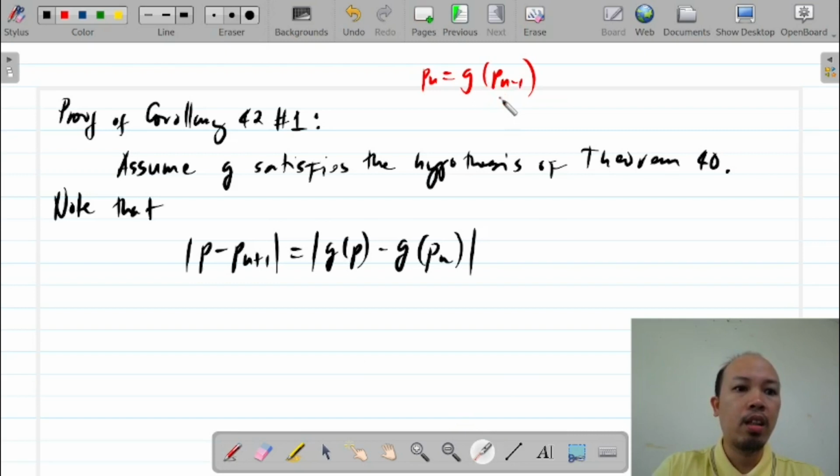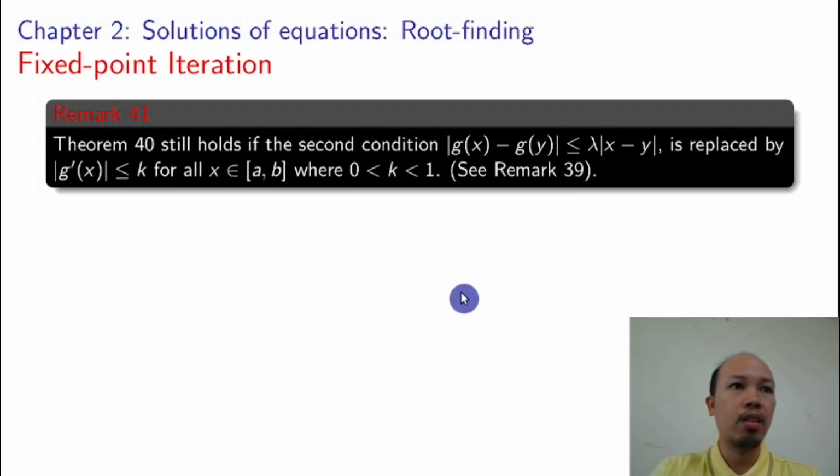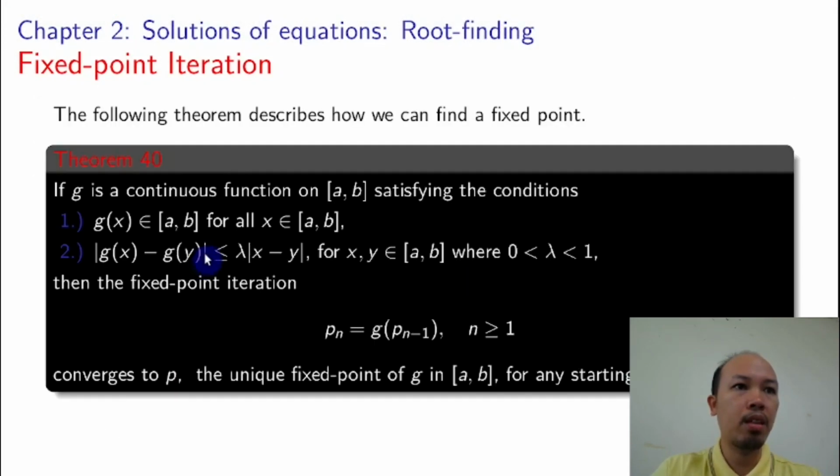Okay, and notice that this is less than or equal to, also in Theorem 40, this is lambda 40b, lambda times the absolute value of P minus P sub n. Okay, let's go to our PDF, Theorem 40, this one here.